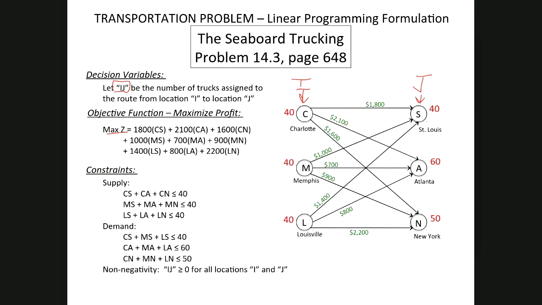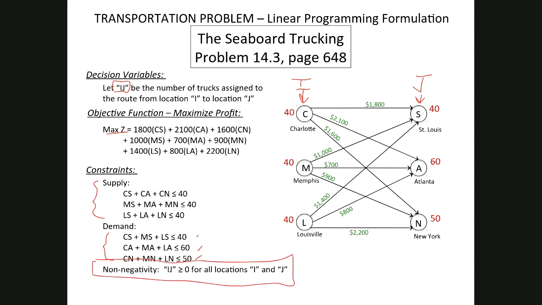We have our supply constraints here. We have trucks leaving Charlotte, leaving Memphis, leaving Louisville. We have our demand constraints here. These are trucks coming into St. Louis, coming into Atlanta, and coming into New York. And then we don't ever want to forget our non-negativity constraints.